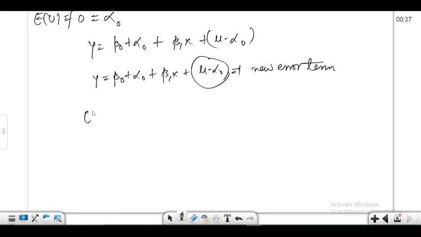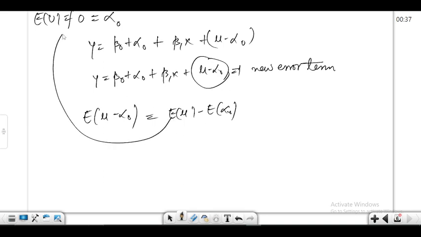And if I take the expected value of u minus alpha naught, it will come out to be E of u minus E of alpha naught. So I have taken the expected value of u equal to alpha naught. This means that alpha naught minus alpha naught equals 0.